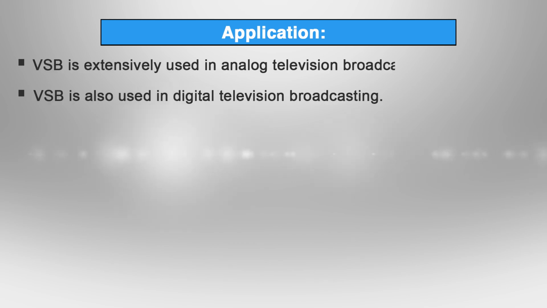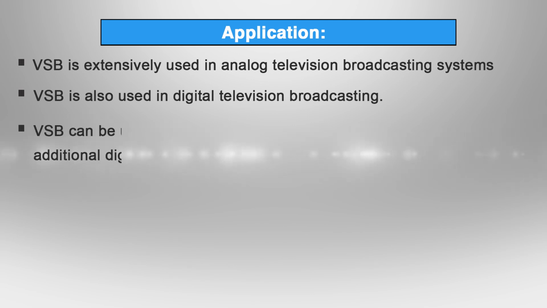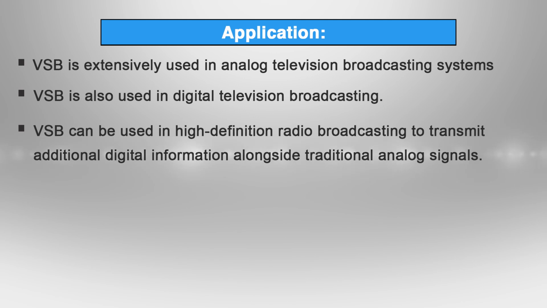Now, let us see the applications of vestigial sideband. The first application is that VSB is extensively used in analog television broadcasting systems. It is also used in digital television broadcasting. The second one is that VSB can be used in high definition radio broadcasting to transmit additional digital information alongside the traditional analog signal.